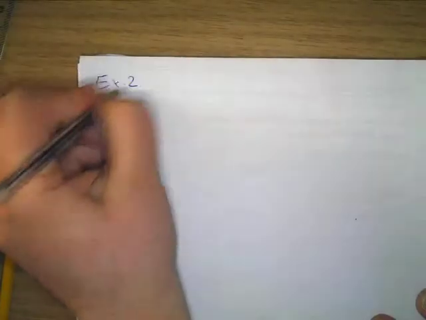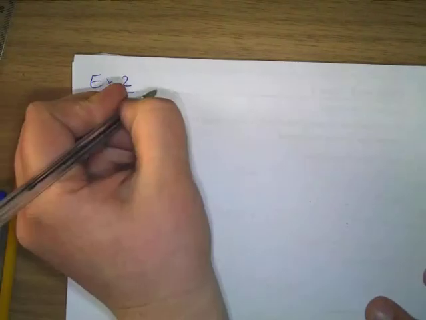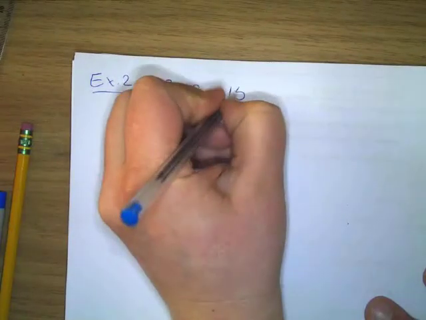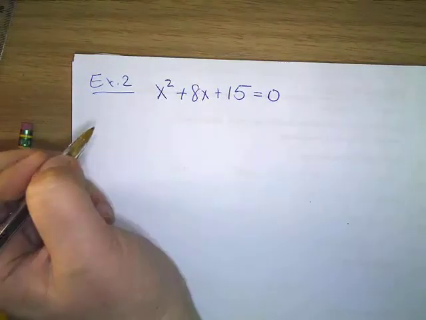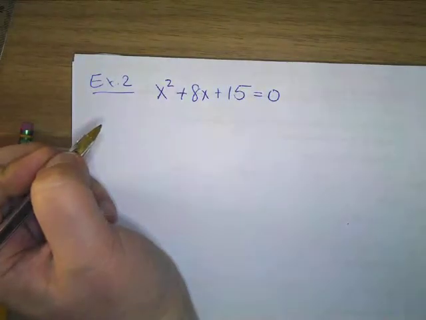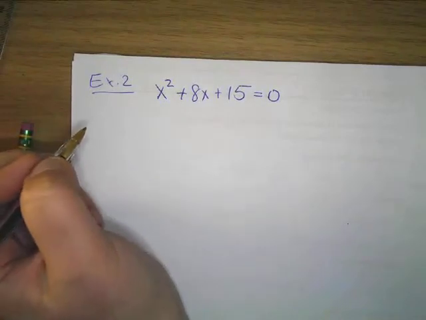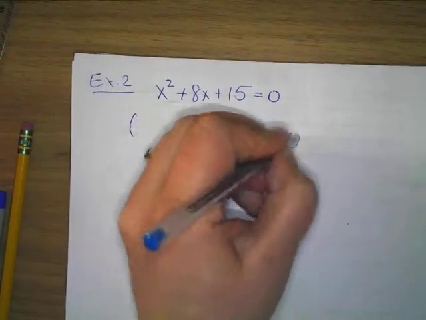This is my favorite method to solving quadratics, actually. So what are the solutions to this? Now they're going to make us factor it. One way I know I'm looking for the solutions is because it equals 0. So put our two sets of parentheses.